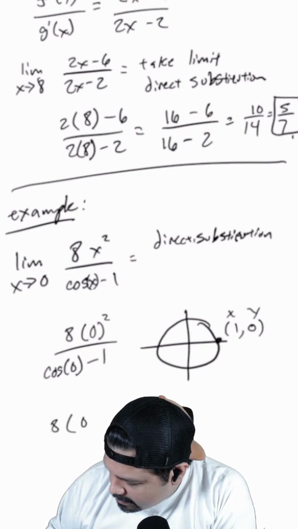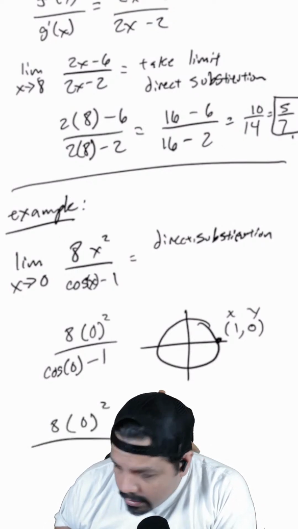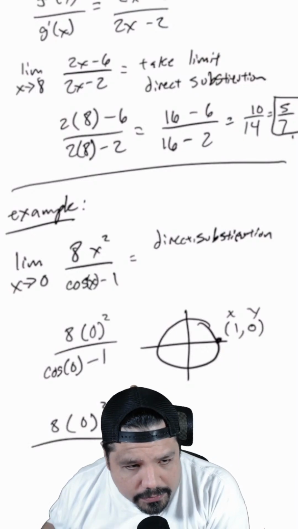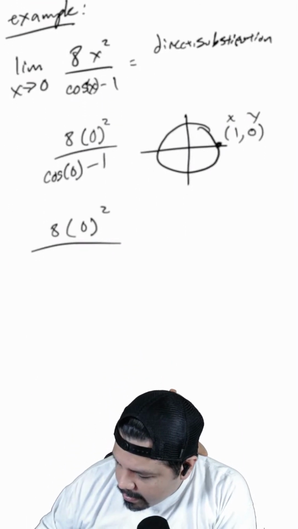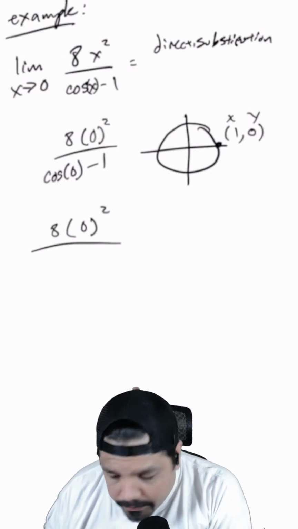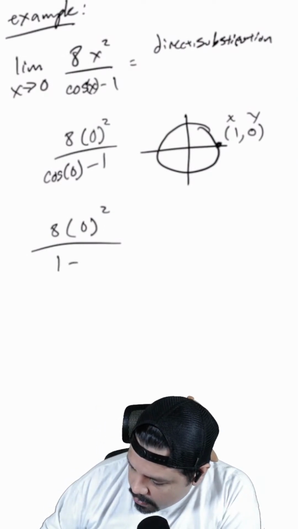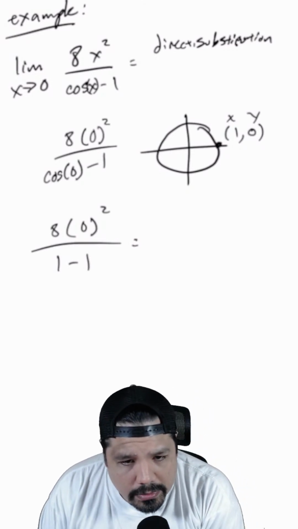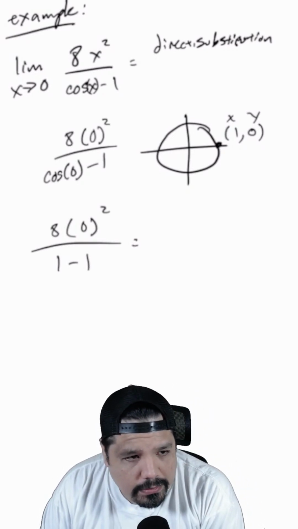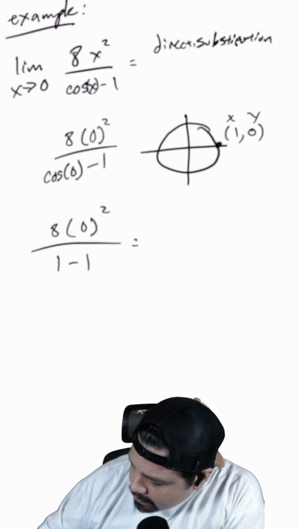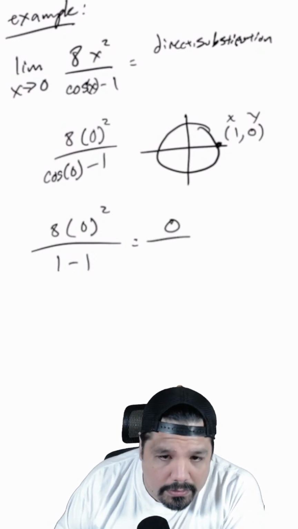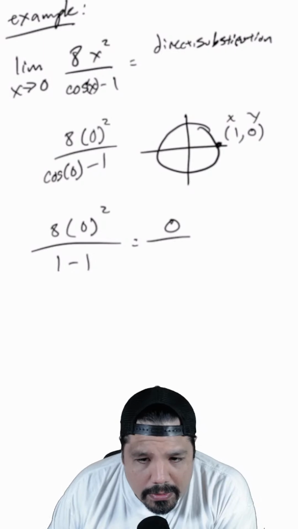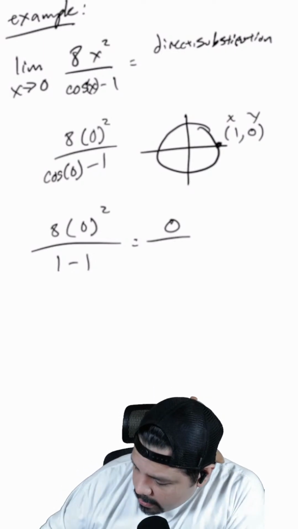8, 0 squared. Cosine of 0 is the x value of that point. X value is 1. We get 1 minus 1. What is 0 squared? 0. Times 8 is 0. So we have 0 in our numerator. 1 minus 1 is 0.